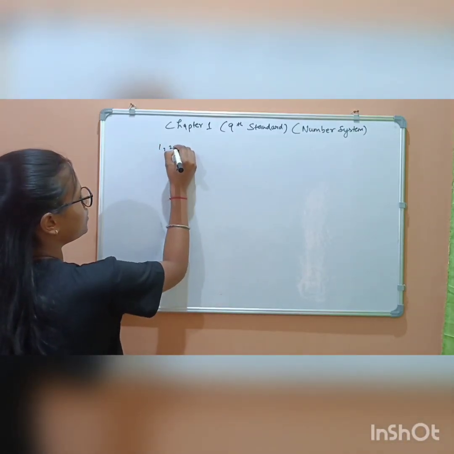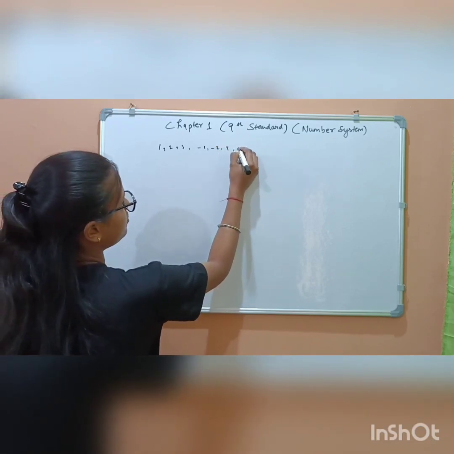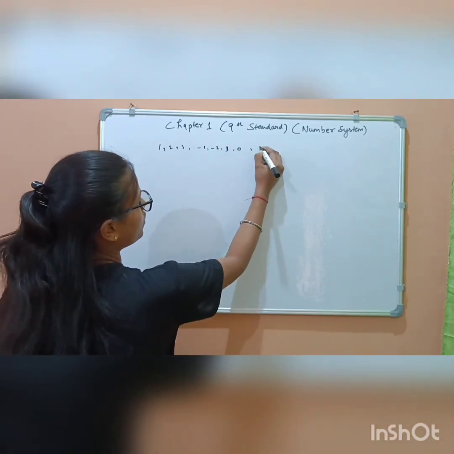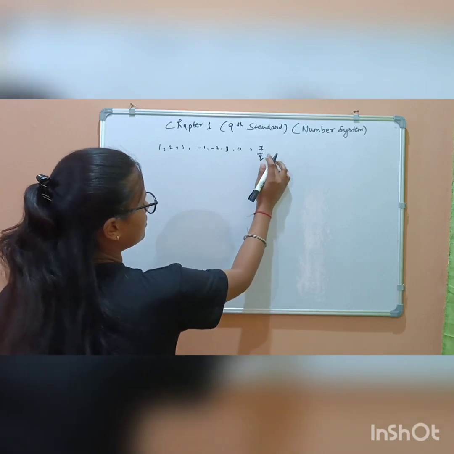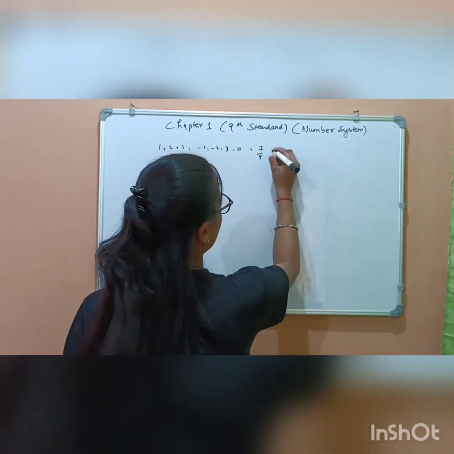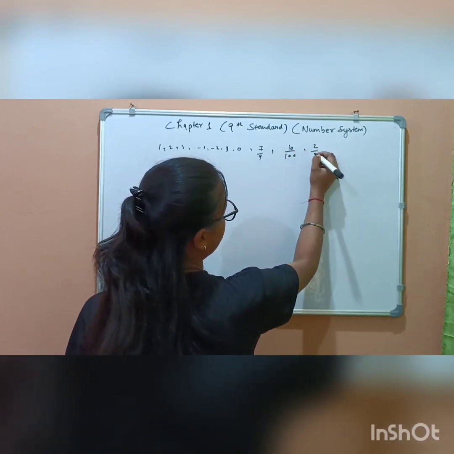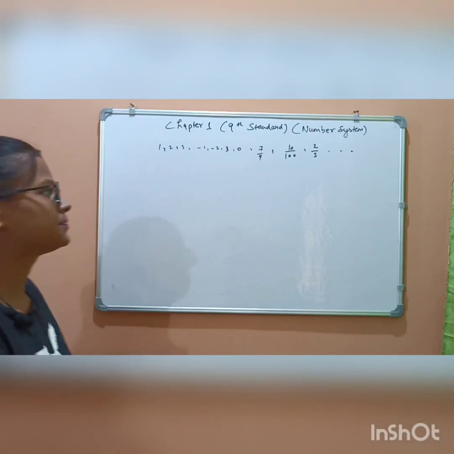Obviously 1, 2, 3, -1, -2, -3, 0, 7 by 9, 10 by 100, 2 by 5. All are numbers. Clear?